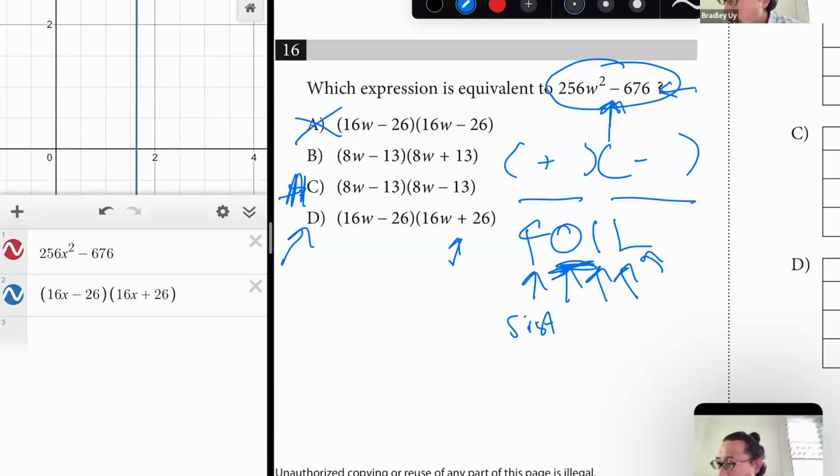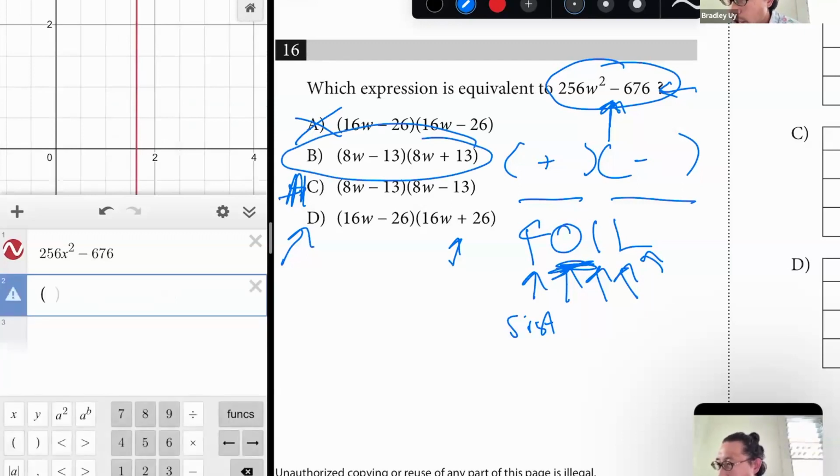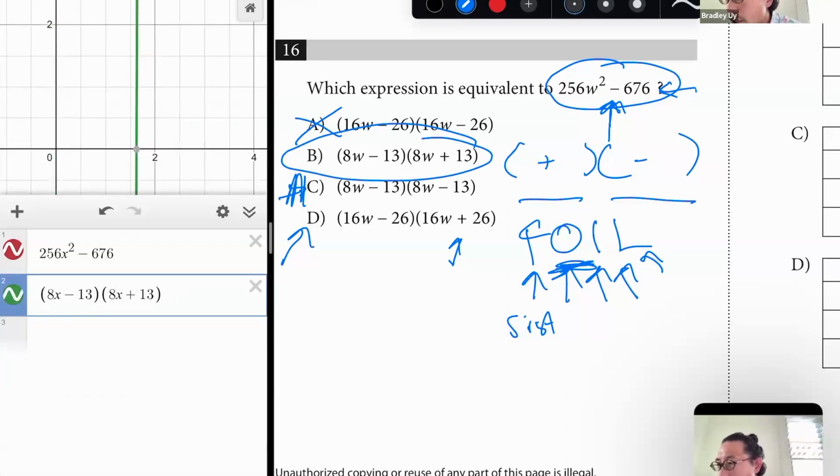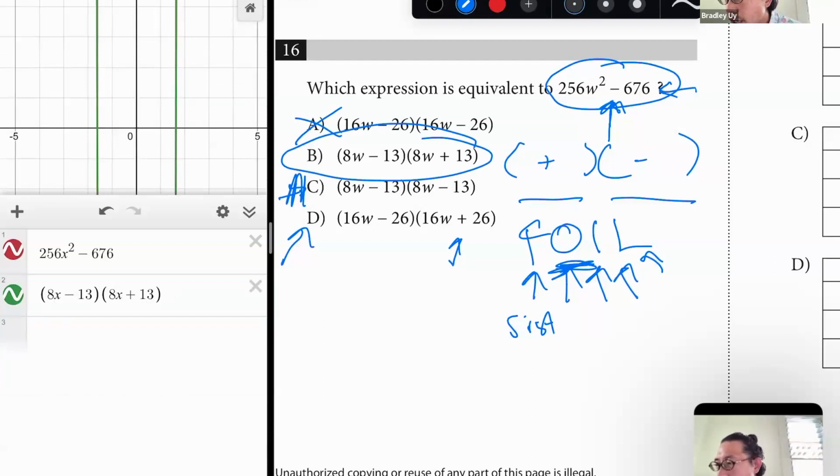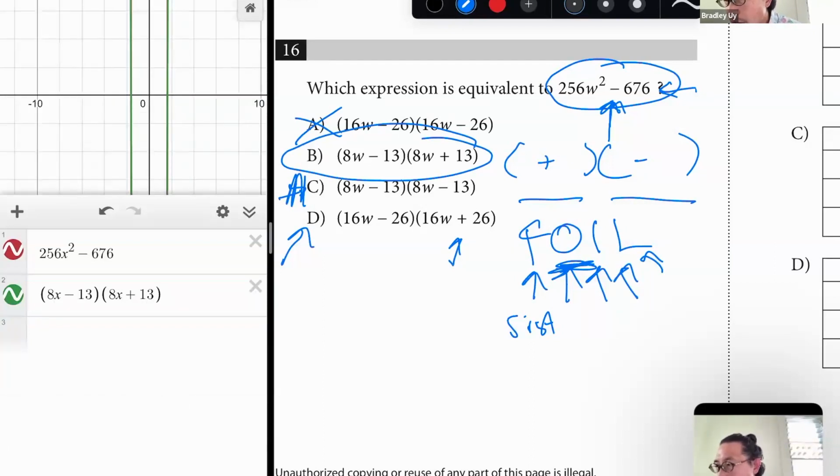Just to show you another thing, B is close, possibly, but it is wrong. I will show you very quickly: 8x minus 13 times 8x plus 13. It is close. I'm zoomed out quite a bit.